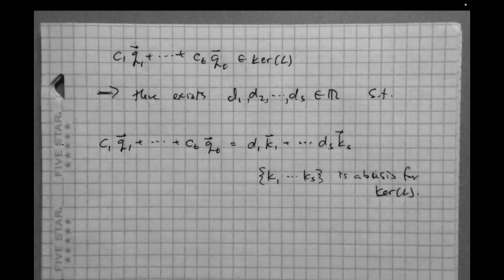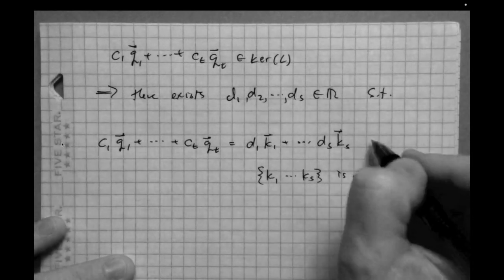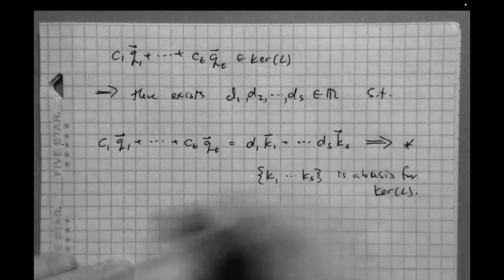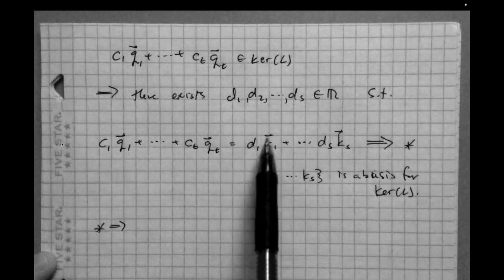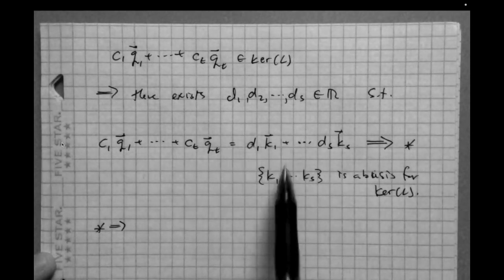And just remember where that came from. Okay, and then what does this mean? Well, we can subtract off all of the C terms and bring them to the other side.